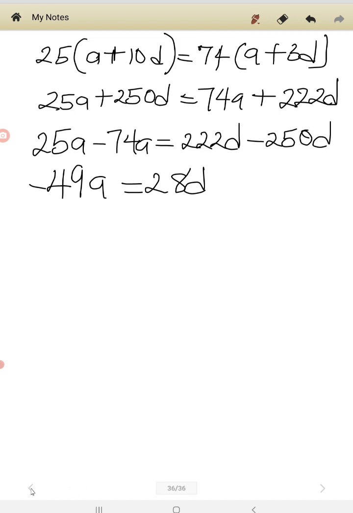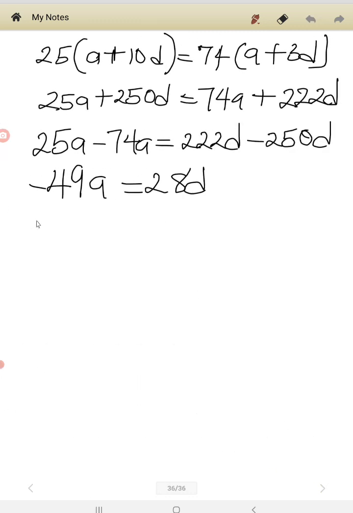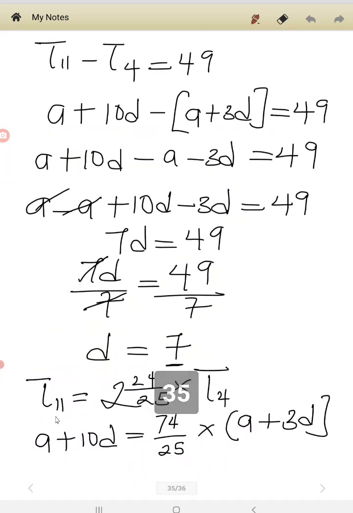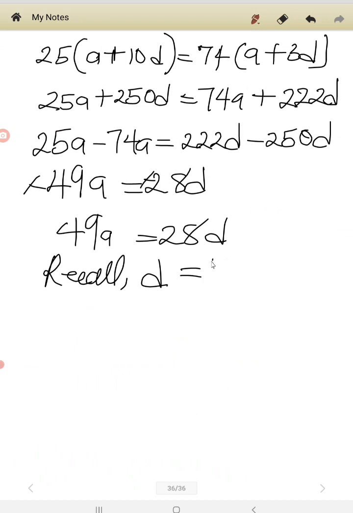But if you remember, we have gotten the value of D to be 7, so you now substitute the value of D. The minus will cancel the minus, which will give you 49A is equal to 28D. And recall that D from our previous answer is 7.